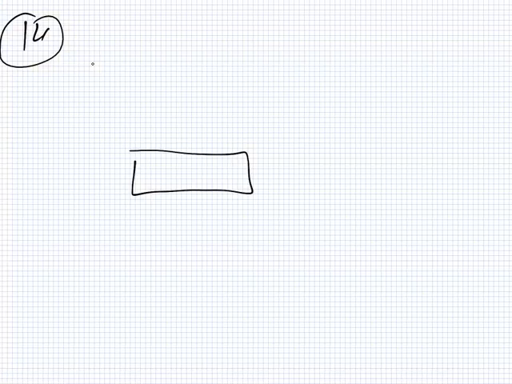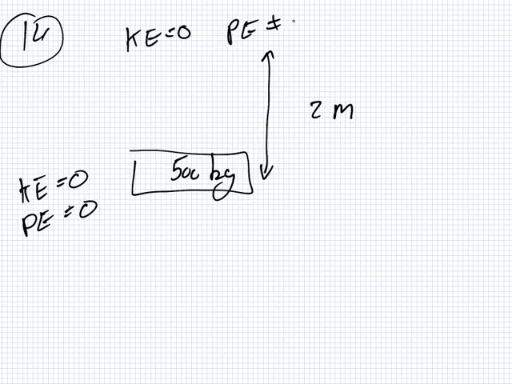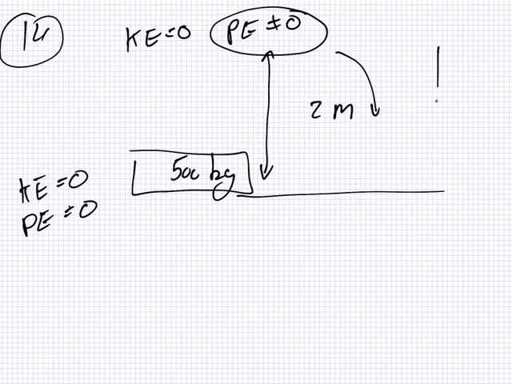Right, so this one here, how much is it? 500. It's not so bad. 500 kilograms is lifted 2 meters by a truck. Kinetic energy at the ground is 0, potential energy is 0. At the top, its kinetic energy will be 0, and its potential energy will not be 0. So this came from the truck that was lifting it up.